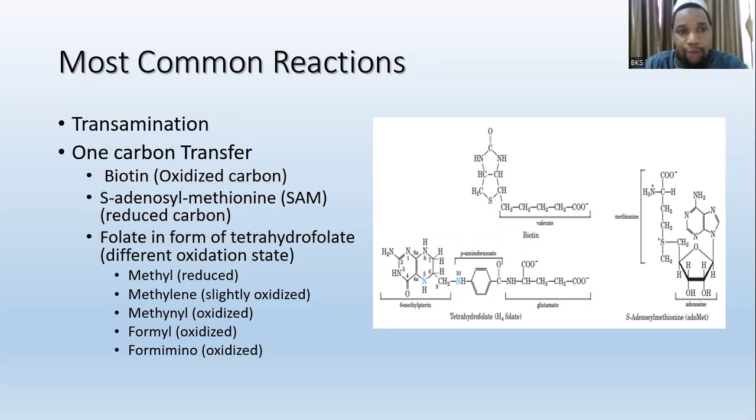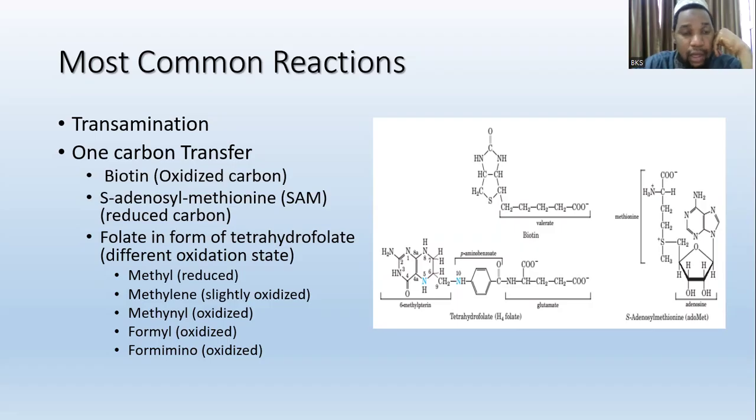There are quite a number of molecules that are involved in the transfer of one carbon. Number one, we have biotin. Number two, we have S-adenosylmethionine. Number three, we have folate in the form of tetrahydrofolate. Biotin is involved in the transfer of highly oxidized carbon, mostly in the form of carboxyl carbon.